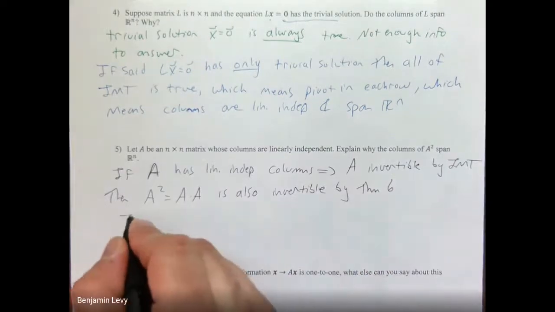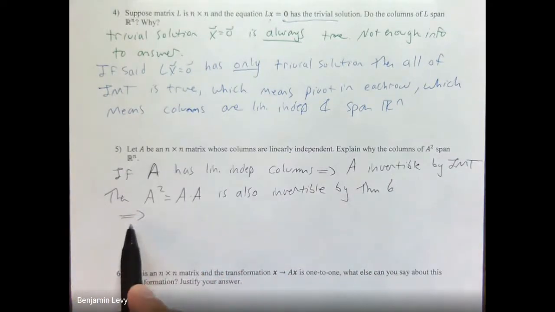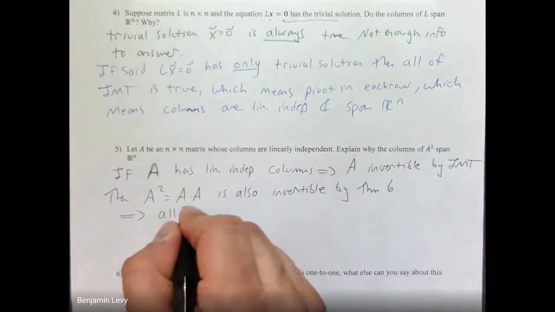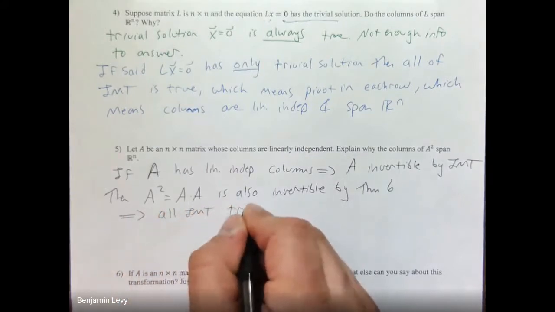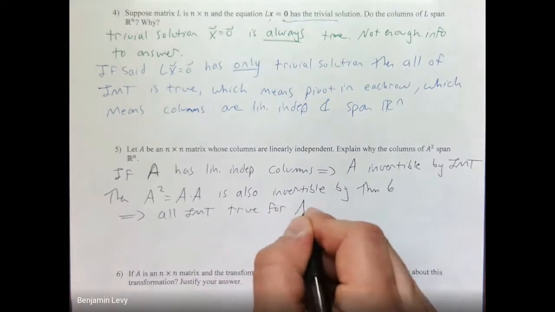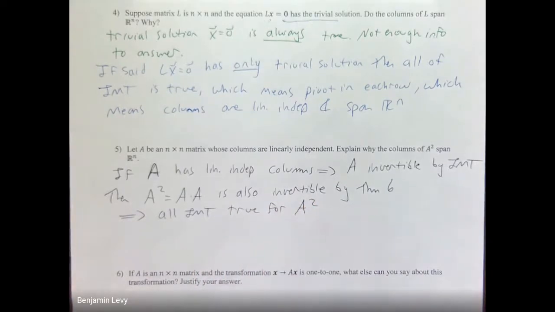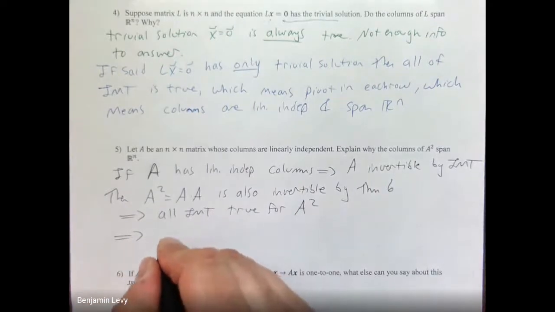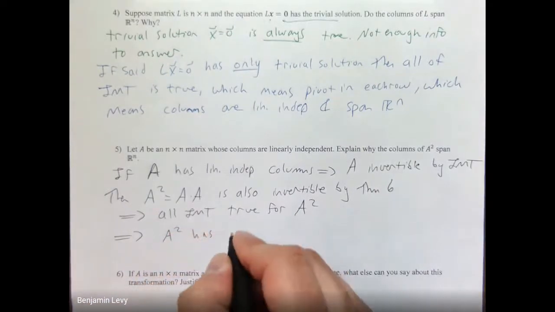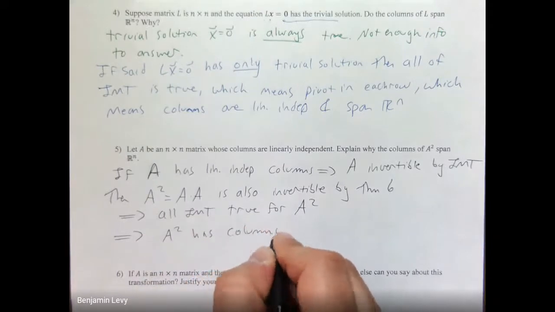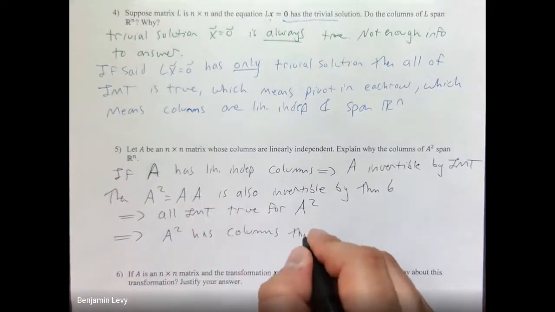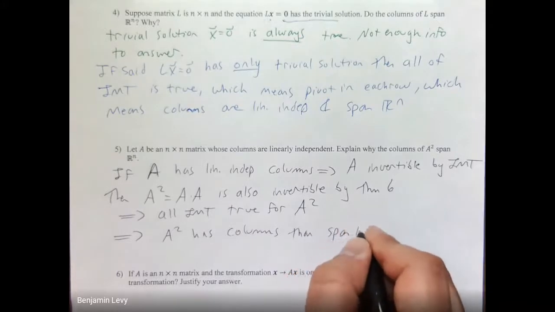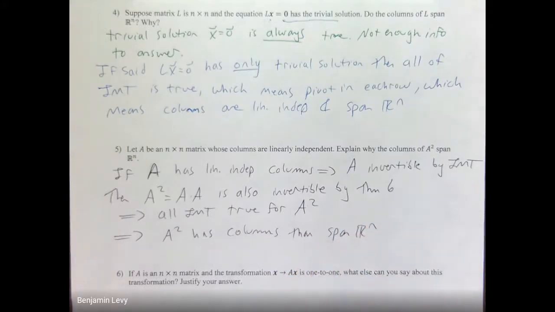And that implies, this arrow means implies, that all of the IMT is true for A squared. And if all of the IMT is true for A squared, this implies that A squared has columns that span Rn, excuse me, because that's one of the IMT. That is part H of the IMT.